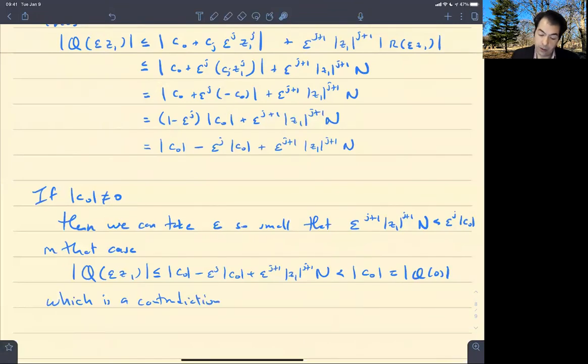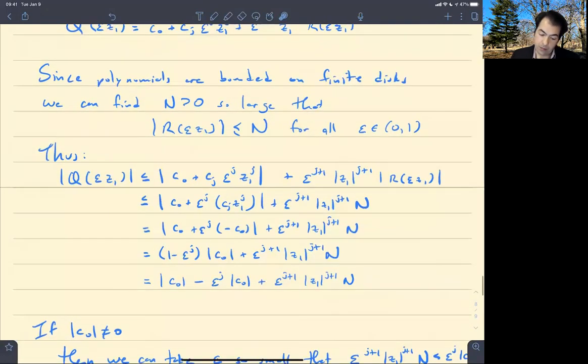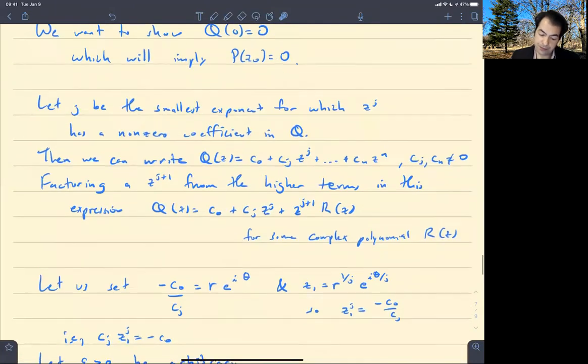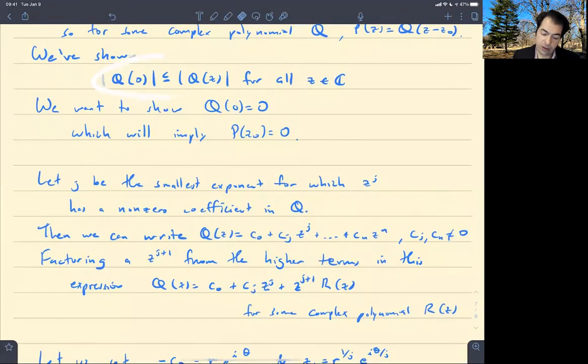Right, because we said that modulus of Q of 0 was less than or equal to the modulus of Q of z for all z.